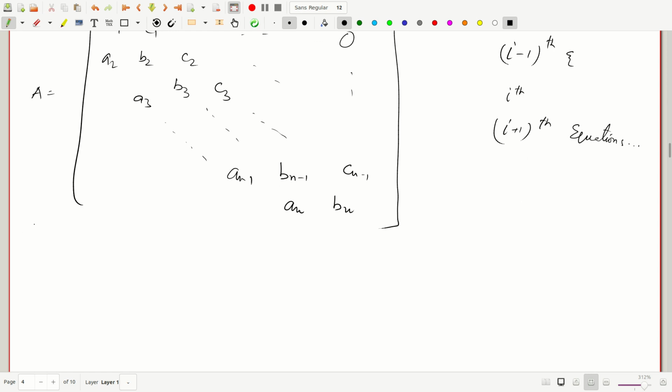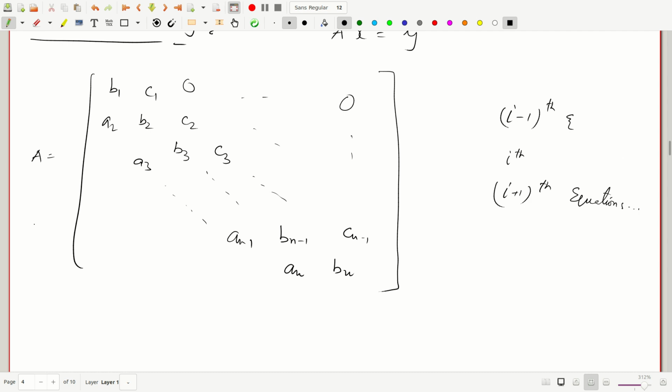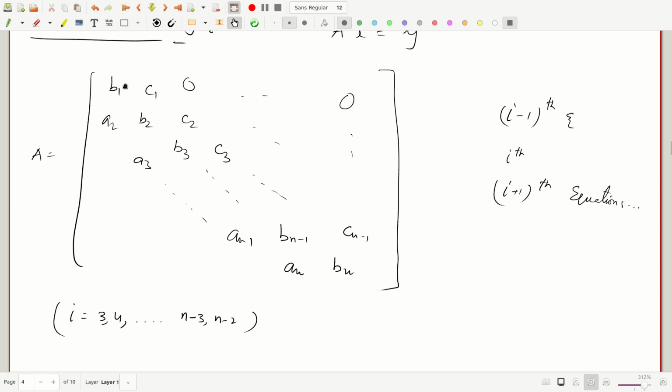To have a similar structure, I'm considering i to range from 3, 4 all the way to n minus 3 and n minus 2. I'm not going closer to rows 1 and 2 as well as n and n minus 1, because the neighboring equations there contain only 2 coefficients. So let me focus from 3 to n minus 2 here, and we will see what can be done for the other boundary rows on both sides.